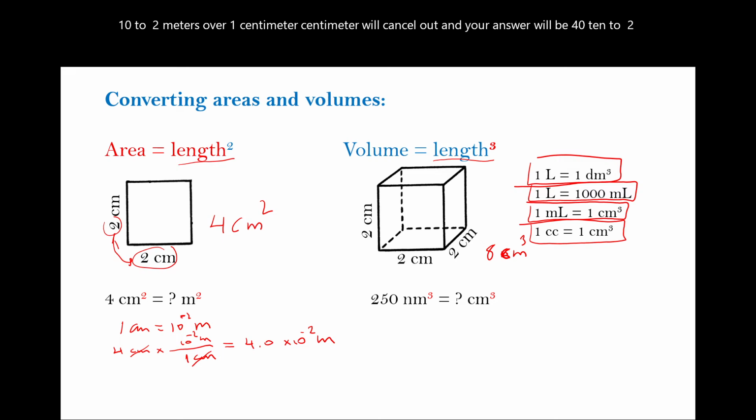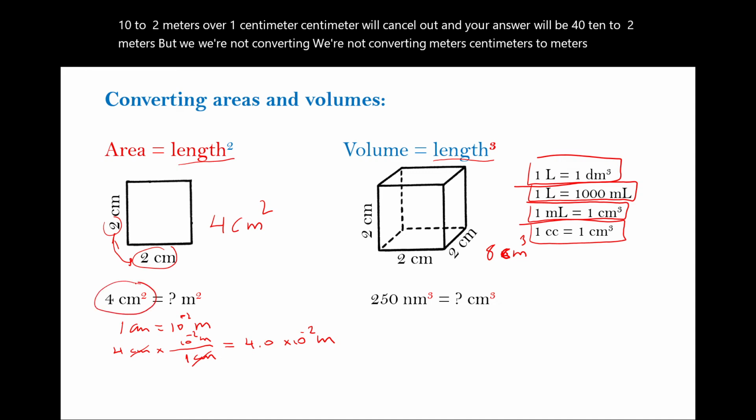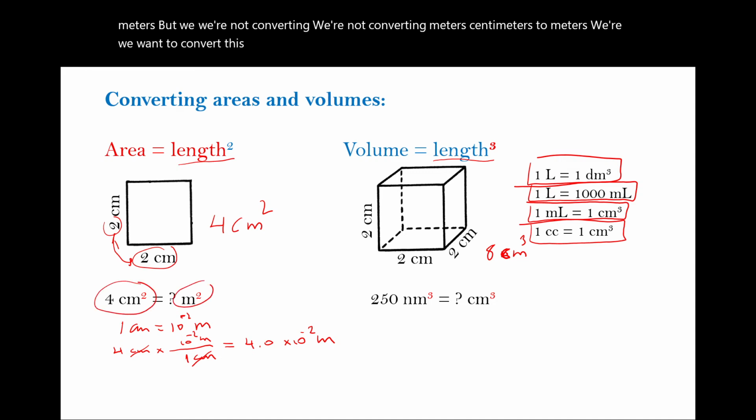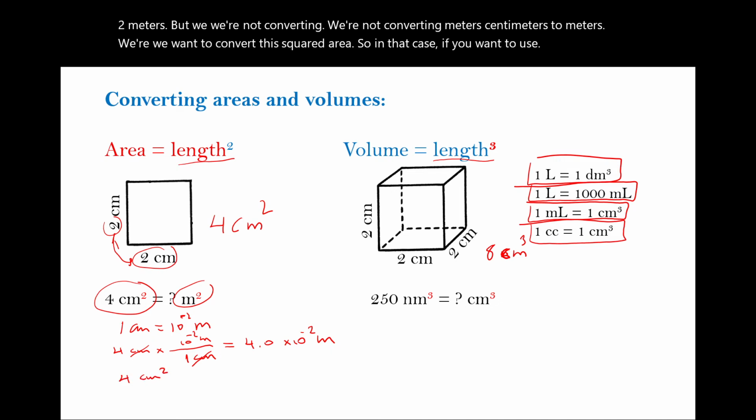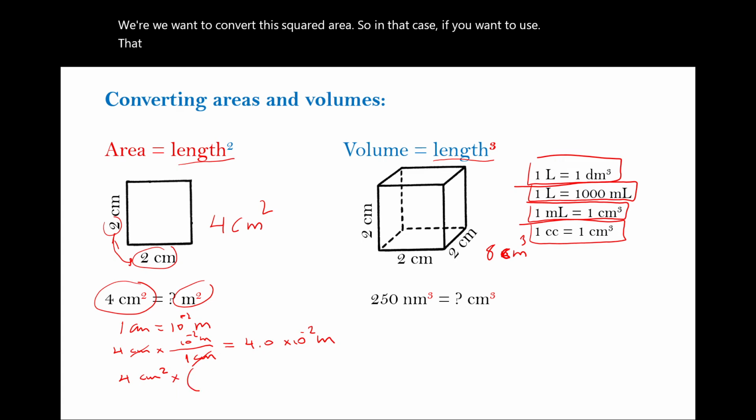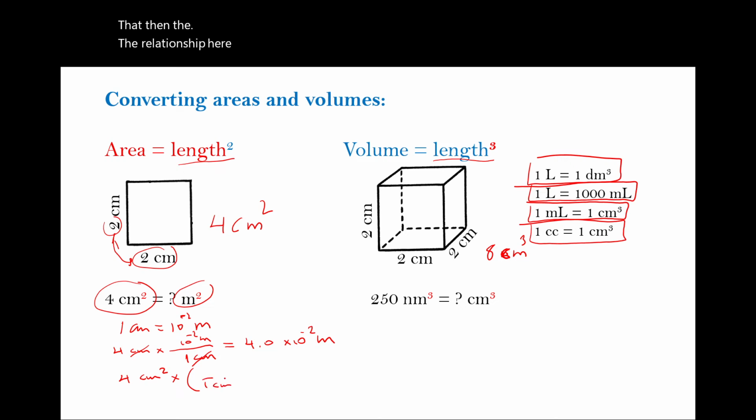But we're not converting centimeters to meters. We want to convert the square, the area. So in that case, the relationship here, 1 centimeter is 10 to negative 2 meters, so you have to square it.